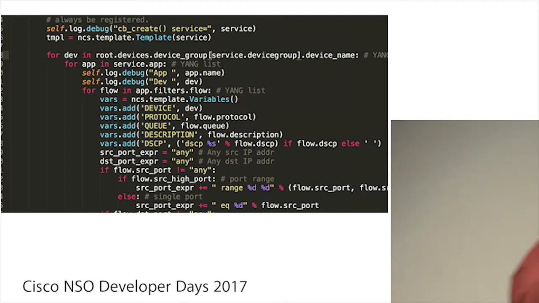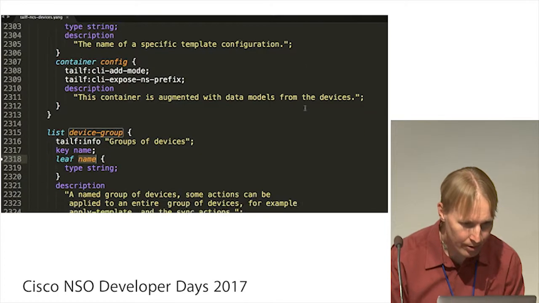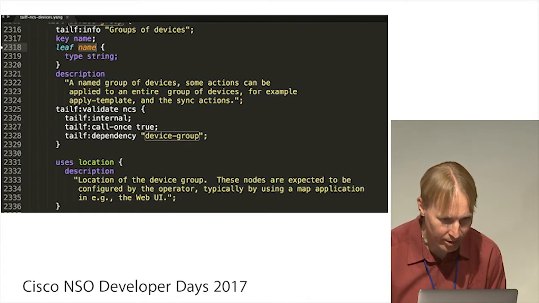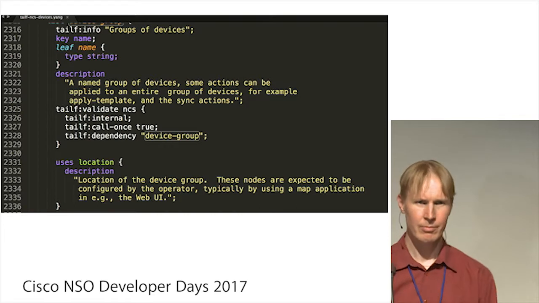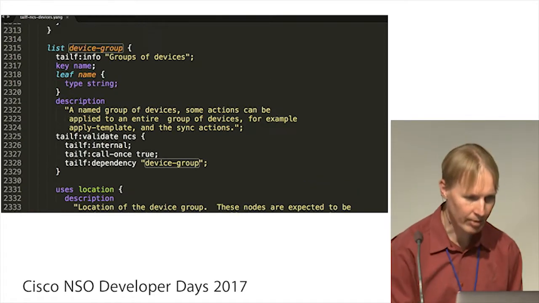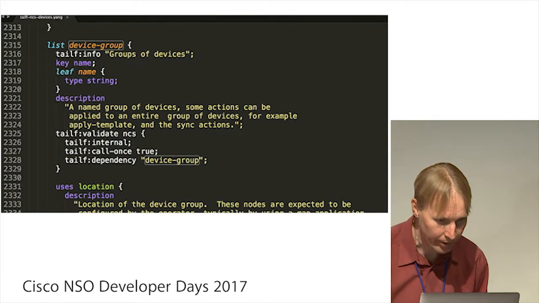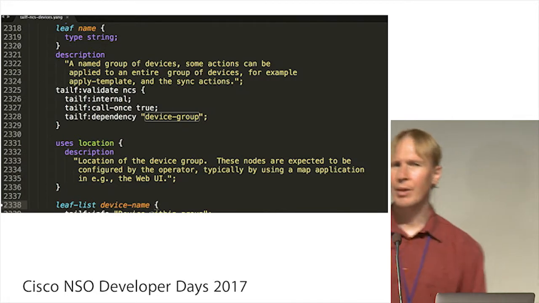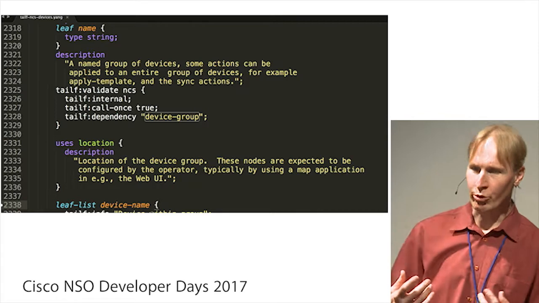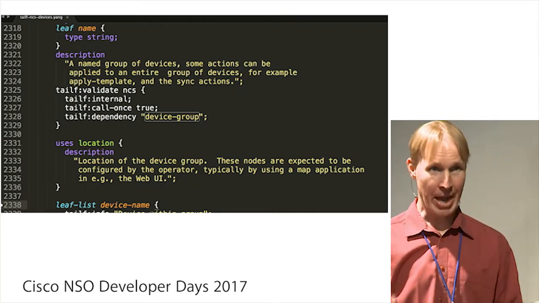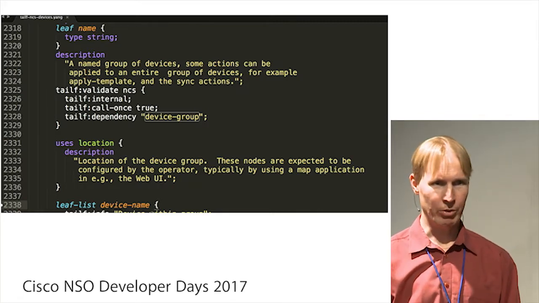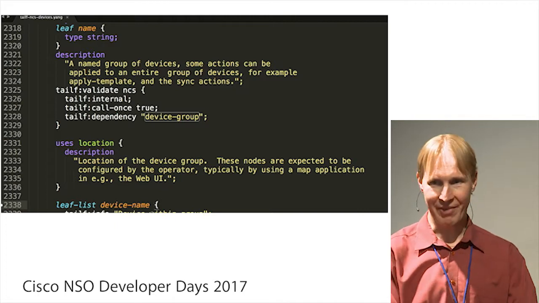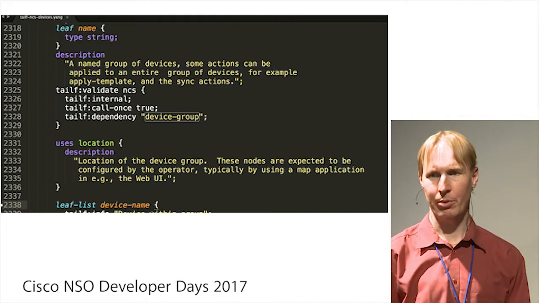We can take a look. It was actually dashed there too. Yes, this is inside list device group, and then they have this device name, which is a leaf list with a dash in. I mean, IETF recommends that you use dash when you are modeling in Yang, rather than underscore. Operators out there in the world, they are used to having dash in whatever commands and names they type.